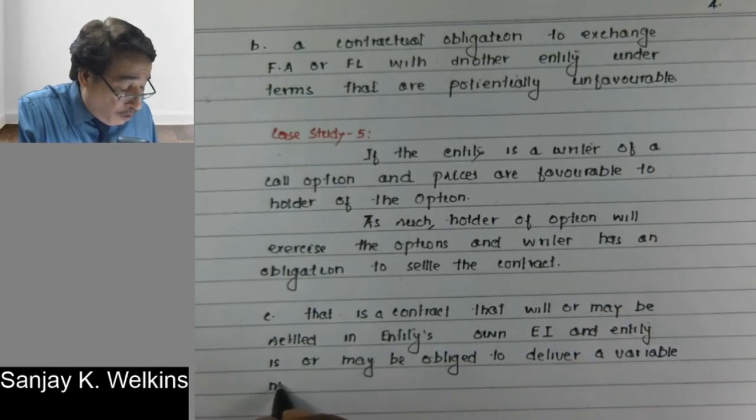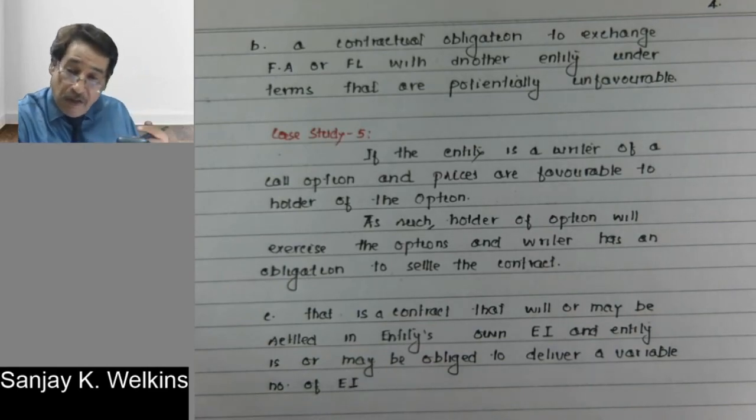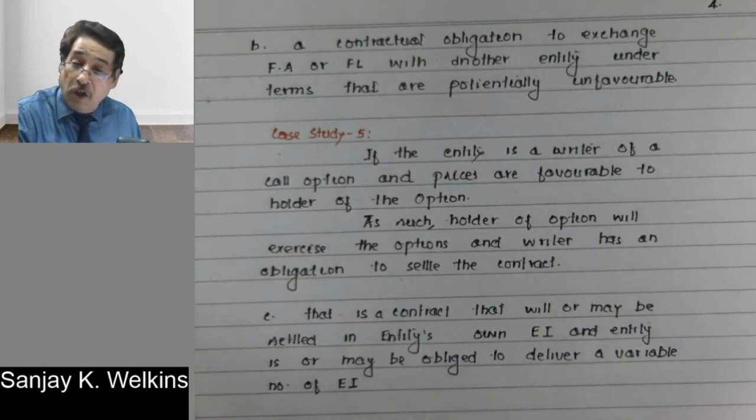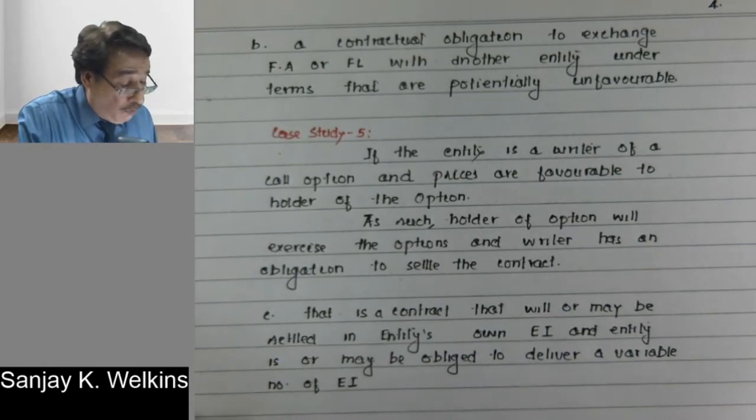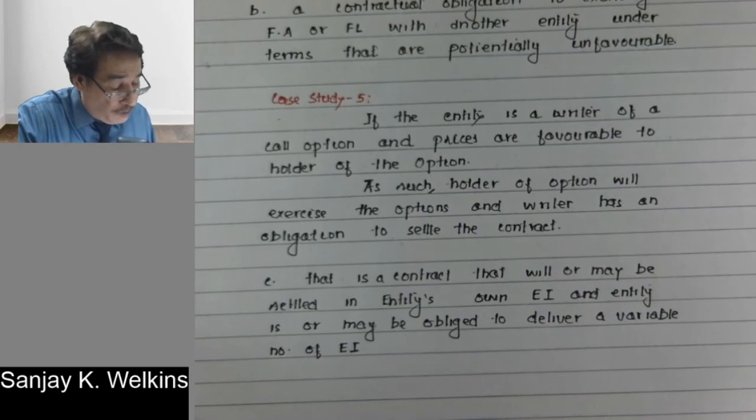In case of financial asset, the entity was under an obligation to receive its own equity shares. Here we are under an obligation to give a variable number of equity shares when it is possible.